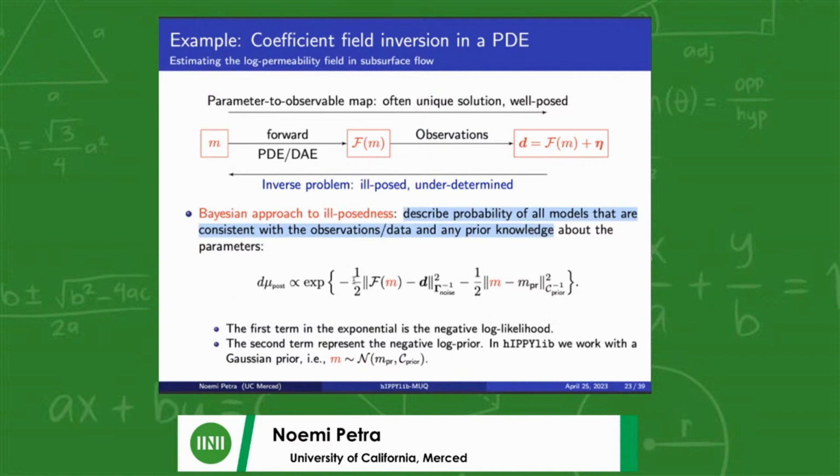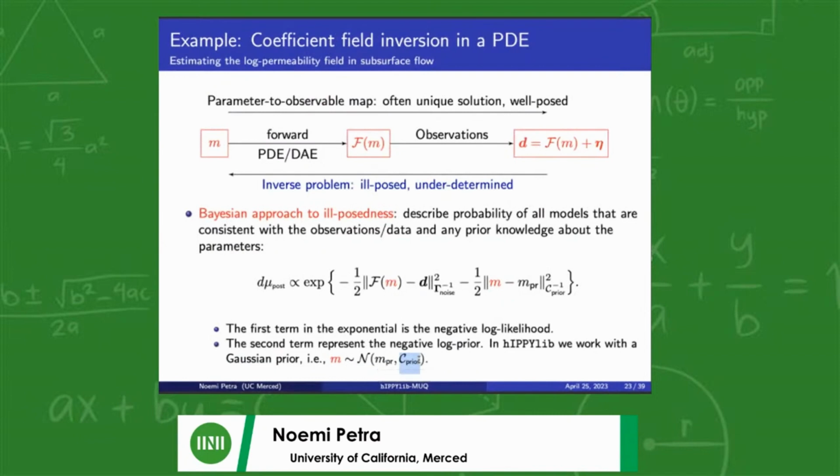This is nothing but the misfit term between the prediction and the data, weighted by the noise covariance. So this term is the likelihood, and this is the prior. We model the prior with a Gaussian with some mean that you somehow come up with, and the prior covariance, which will impose some sort of smoothness on your parameter.